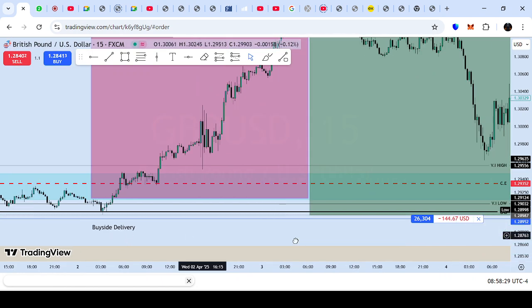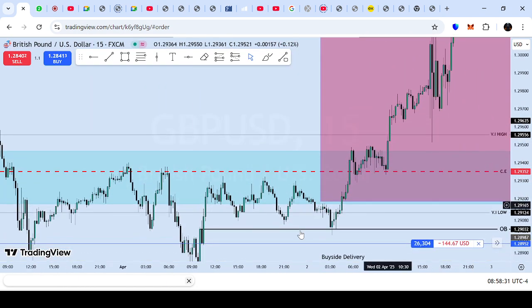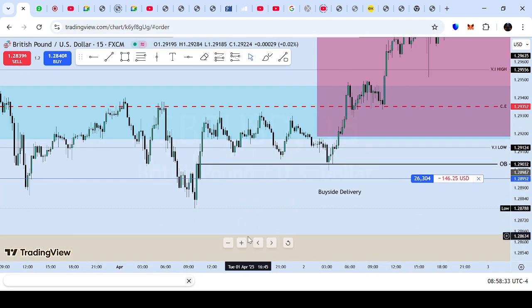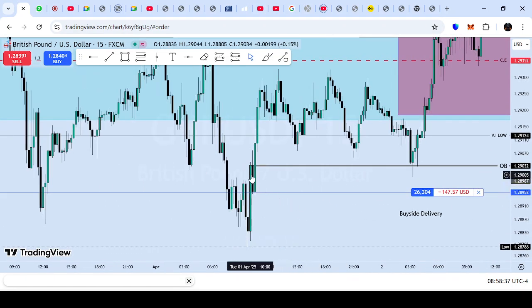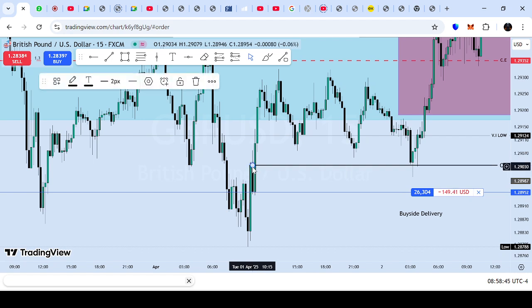We're going to be looking at every last close candle to act as an order block. Every last bearish close candle, the opening, you treat it as your order block.